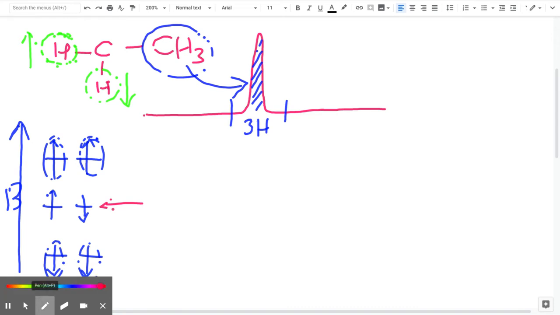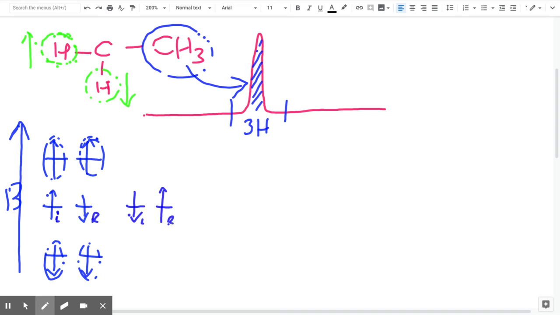But what is evident is that if we were to label these two protons, so this was perhaps the left-hand side proton and this was the right-hand side proton, then it is possible, probability-wise, that the left-hand proton would be down and the right-hand proton would be up.